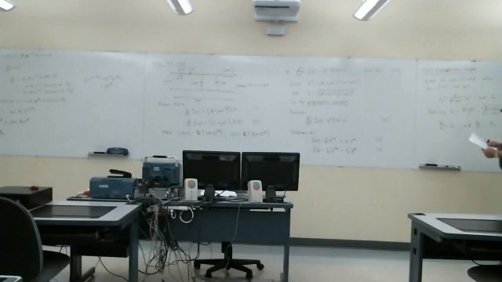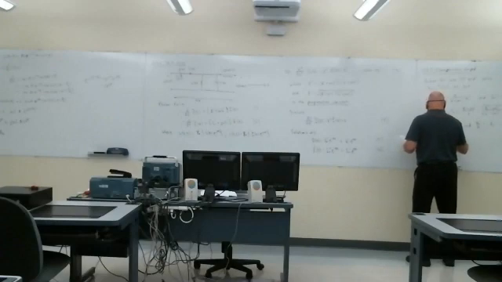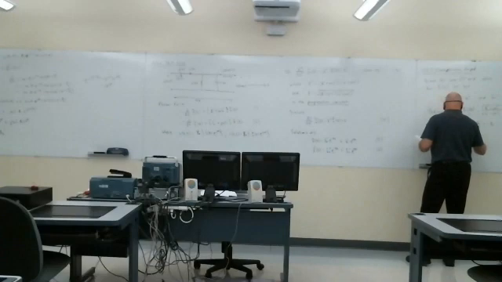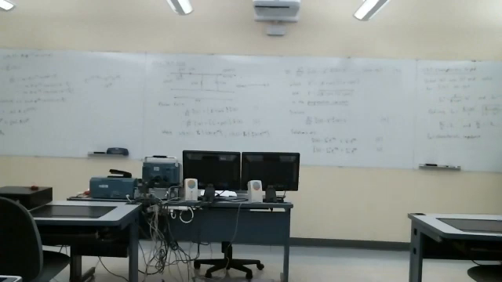So Z0 is the characteristic impedance. You can look this up, Google it. There may be a table in the book.